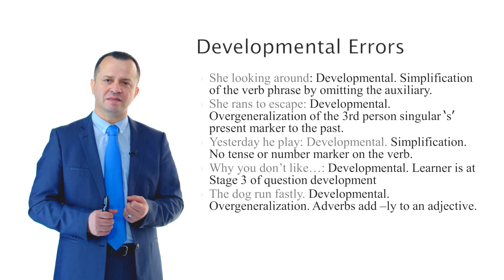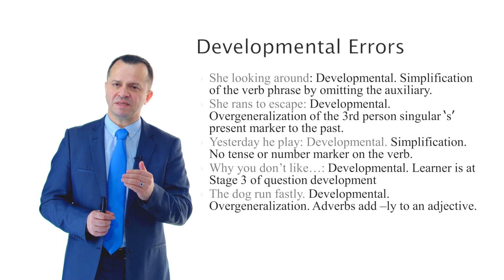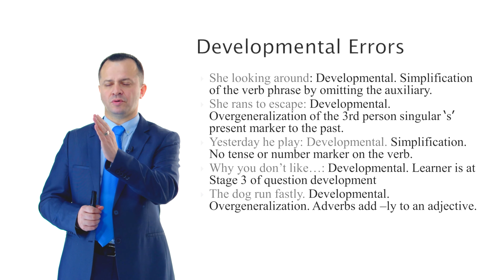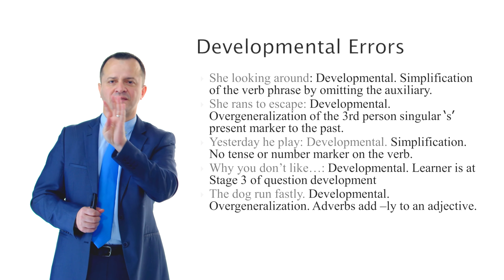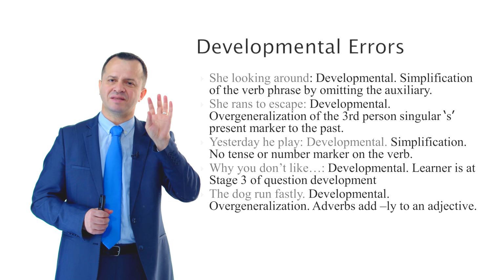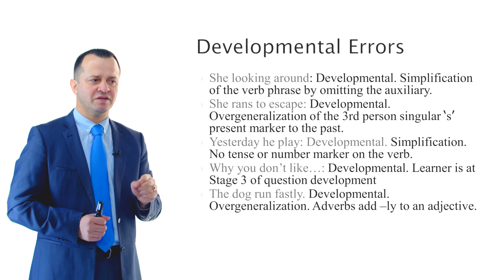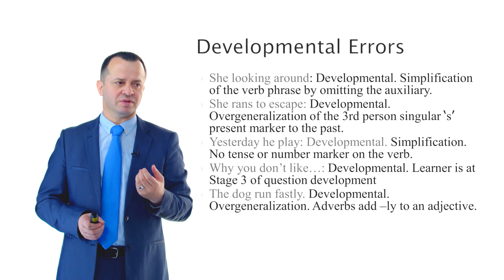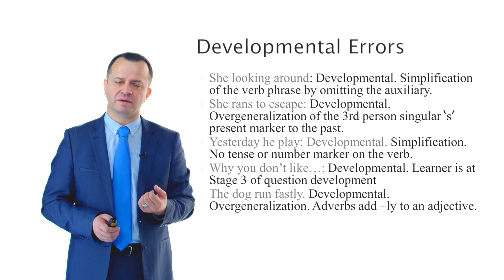Even though learners are committing a mistake, they are still progressing. To reach native-like accuracy, they need to jump from stage 1, stage 2, stage 3, stage 4, stage 6, etc., until they reach native-like accuracy. The dog ran fastly. Again, we have overgeneralization, an adverb ending added to the adjective, right.